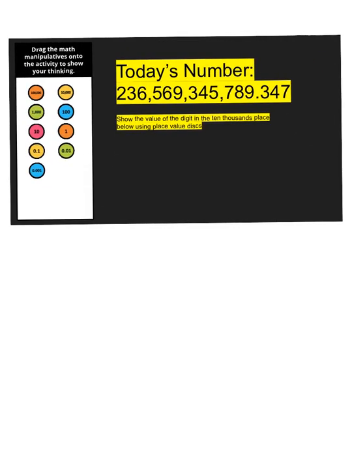All right, we have one more slide to do, so you guys stay with me. We're going to represent the value of the digit in the 10,000s place using the place value discs. So here is my 10,000s place here. 4 groups of 10,000s.